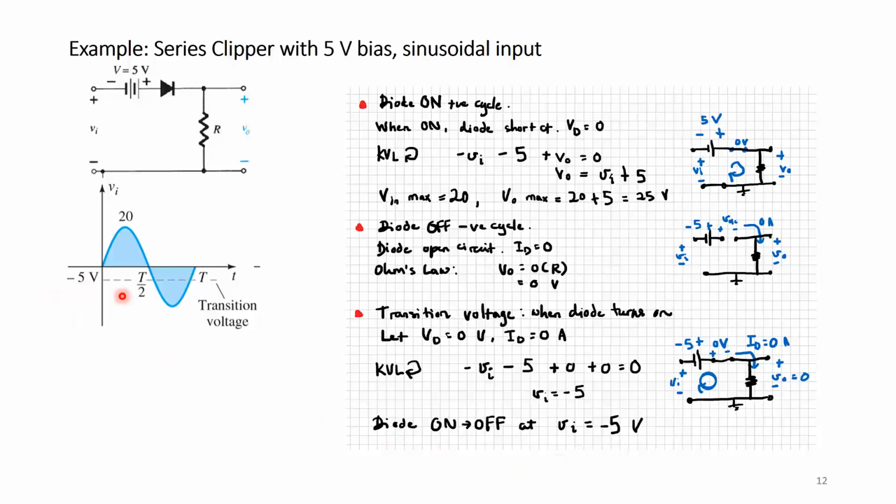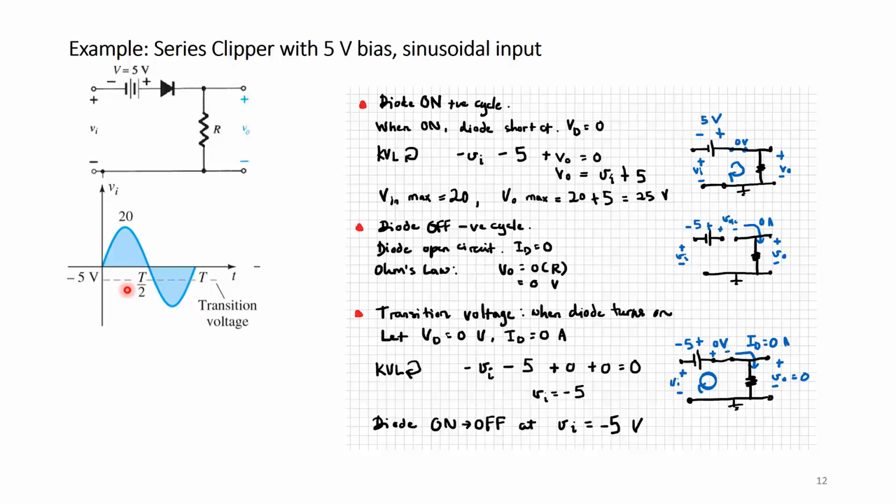And if you look at negative 5 volts, that means it happens in the negative cycle after the T/2 time, and it would turn off.